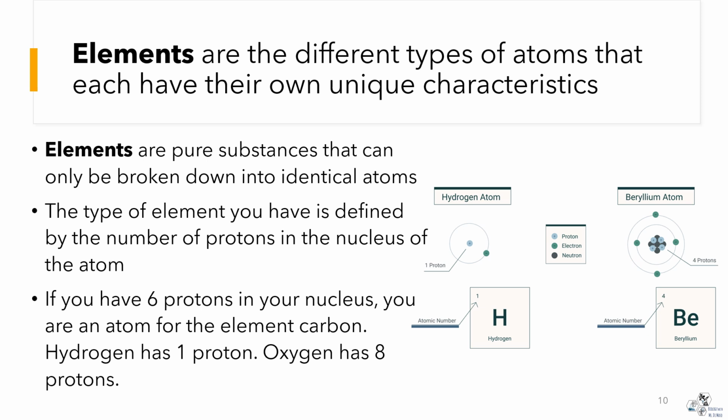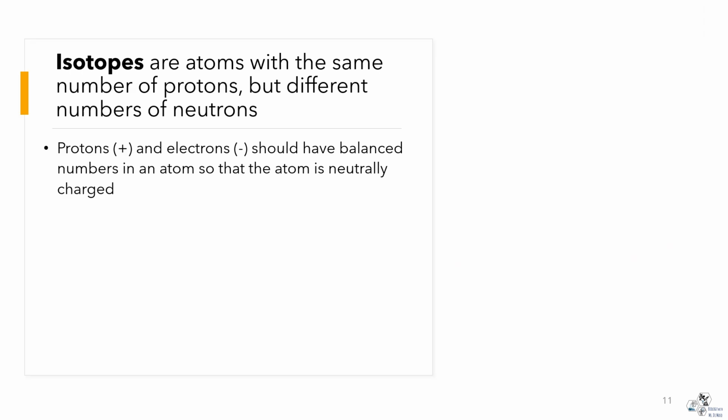They all have the same number of protons. So in this case, if you have 6 protons in your nucleus, you are carbon, 1, you are hydrogen, 8 oxygen, etc. Now, isotopes are atoms with the same number of protons, because we're talking about the same element here.